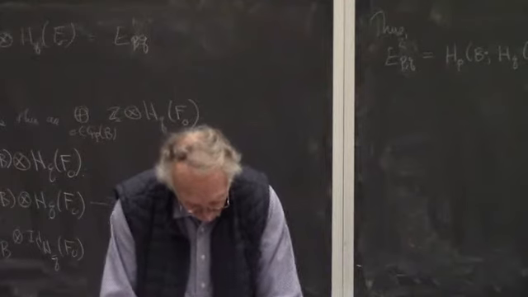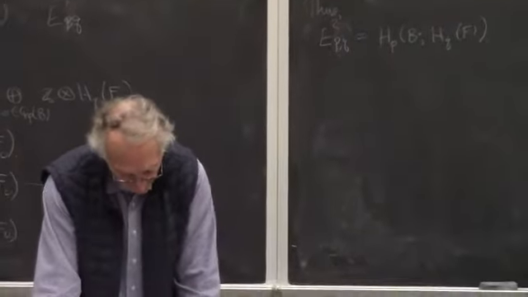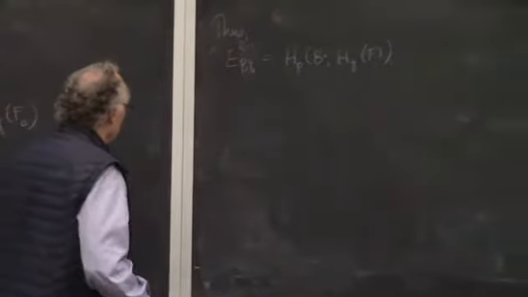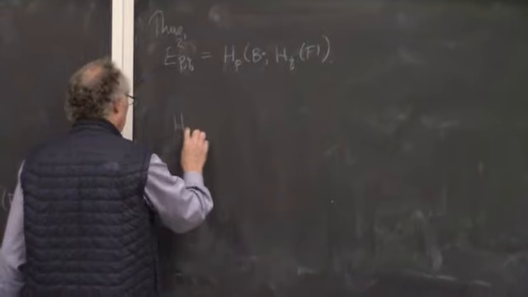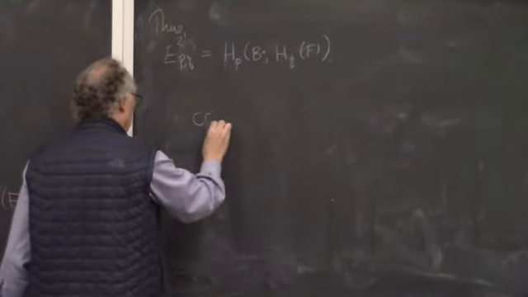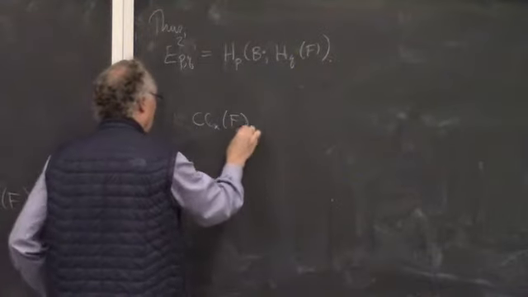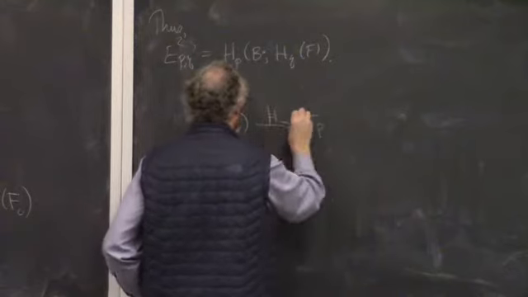Then you just write out the map. Yeah, so let me try to write down the map. Well, sorry, from the chain complex of the fiber back into F_E.